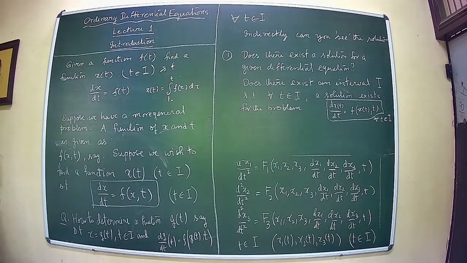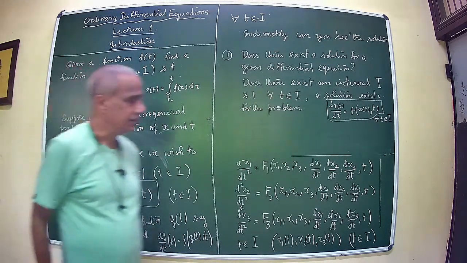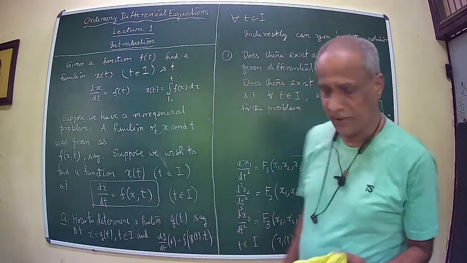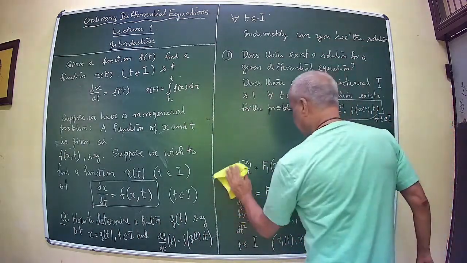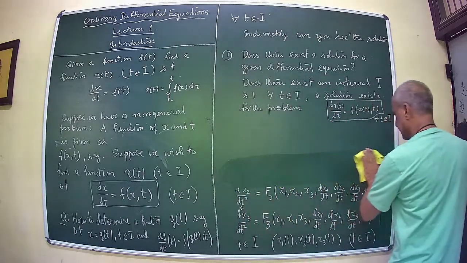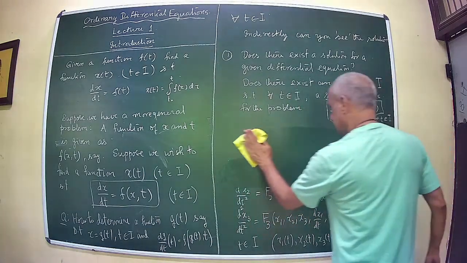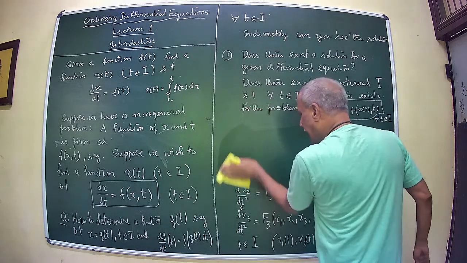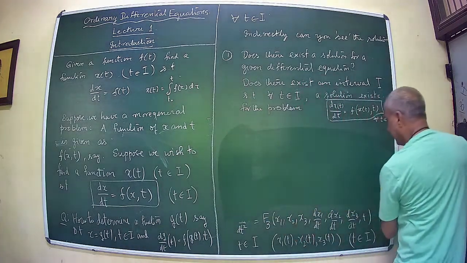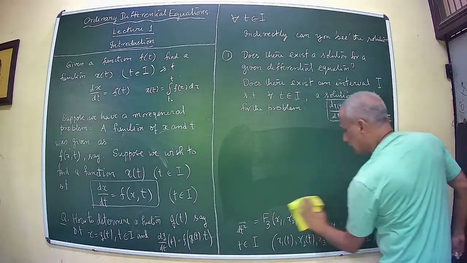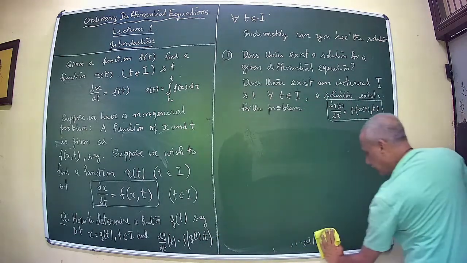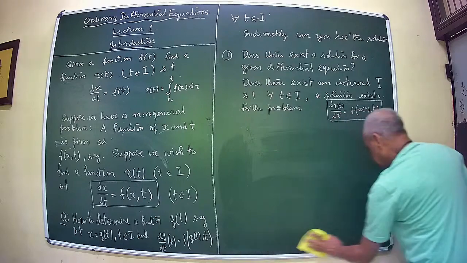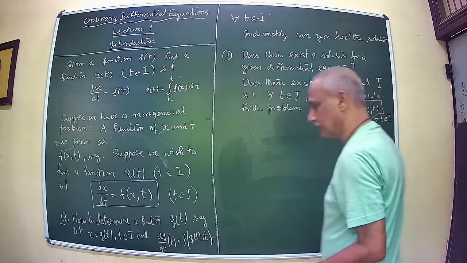So if you cannot explicitly find the function, still is there any way in which you can assert that there exists such a function? You may not be able to express it explicitly, but still you are sure that a typical result of this kind would be that if f satisfies a set of conditions, then there exists a time interval on which the solution exists.